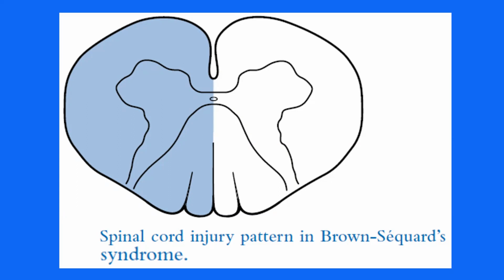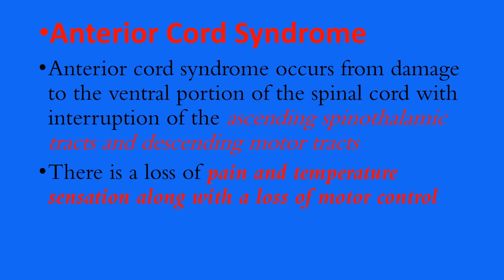And if they ask you which partial cord syndrome has the best prognosis, you should answer that the Brown-Séquard syndrome has the best prognosis. The anterior cord syndrome occurs from damage to the ventral portion of the spinal cord with interruption of the ascending spinothalamic tracts and descending motor tracts.